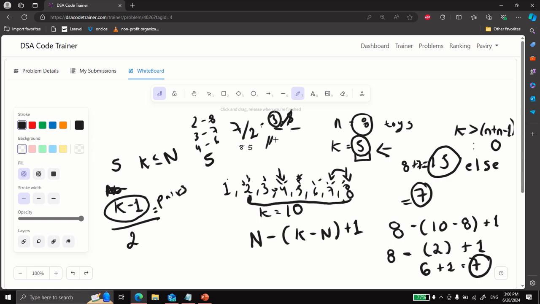So our answer is going to be 3. This is the thing we have to consider. When it's lower, it's just k minus 1 split by 2. And when it's greater, we do this in order to get the element.